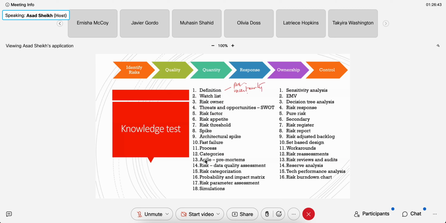So keep those in mind. Okay, then we'll talk about the watch list. There are two types of list. One is in your risk register, where you're actively following those, managing those, putting them on your radar. Those are your active risk events. The watch list is something that you have as a secondary.